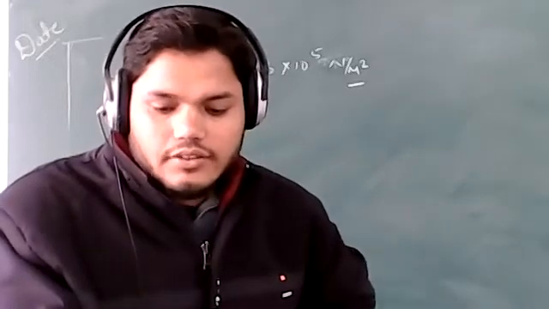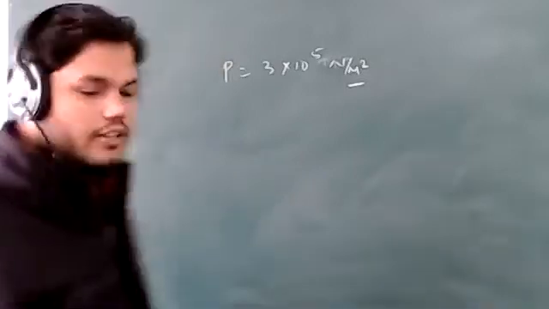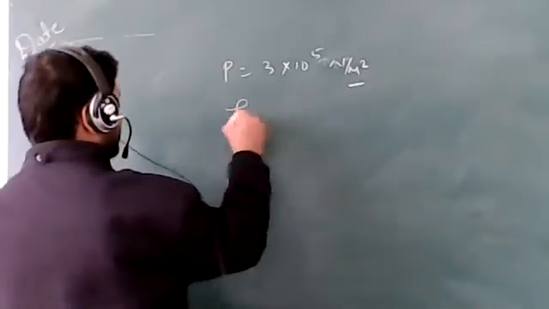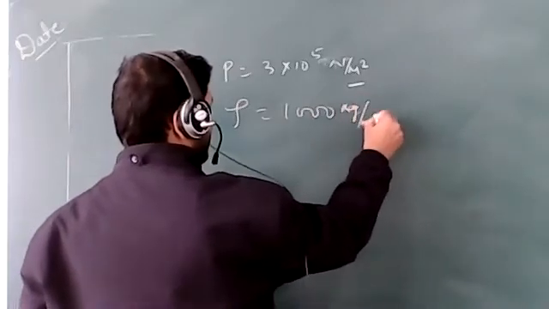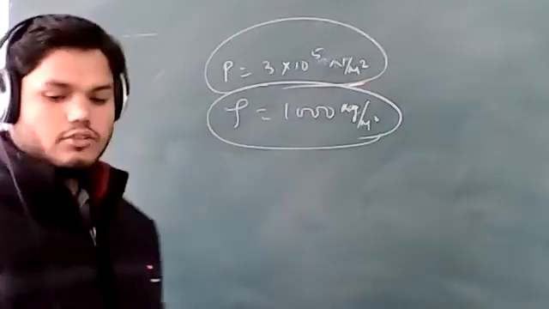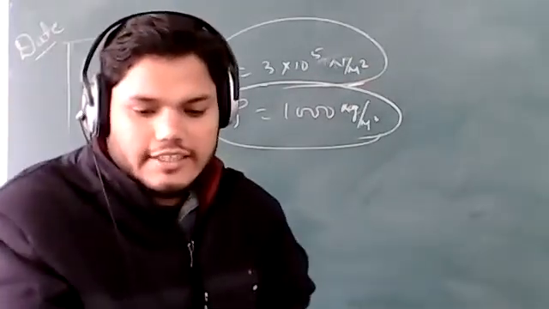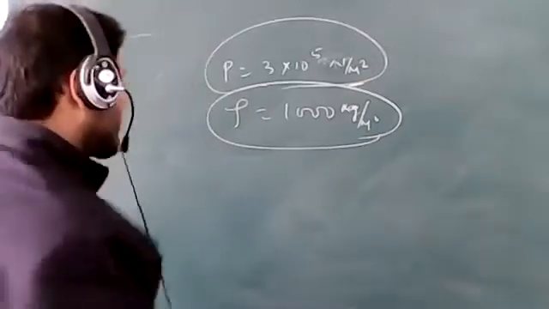So pressure is given as 3 into 10 to the power 5, and density of water is given as 1000 kg per meter cube. The question is asking at what velocity the water emerges out, that means the velocity you have to find out.